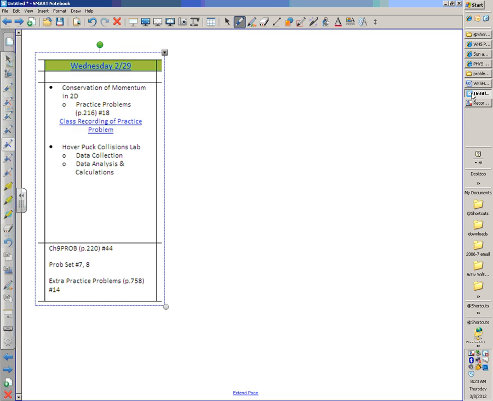Wednesday, February 29th. This problem in class from the book, page 216, number 18, was a problem similar to that. This problem from the book, similar to that. This problem from the back of the book, similar to that. So we've got a couple of options there.